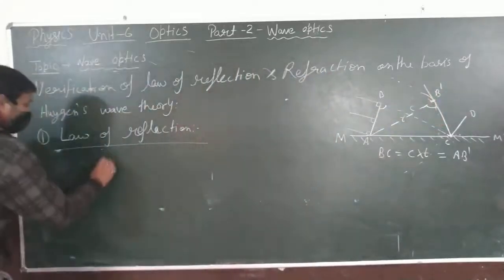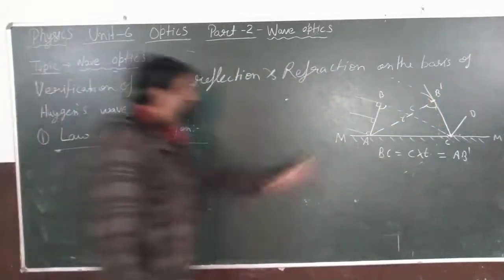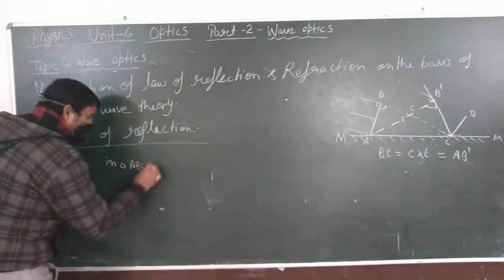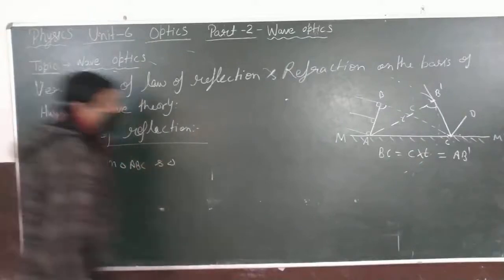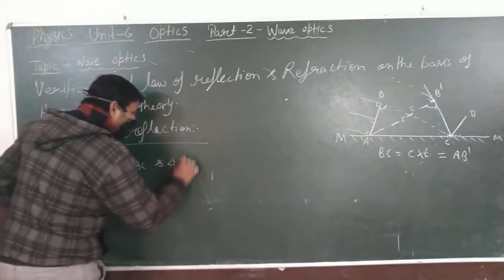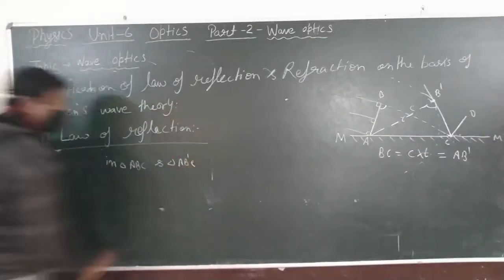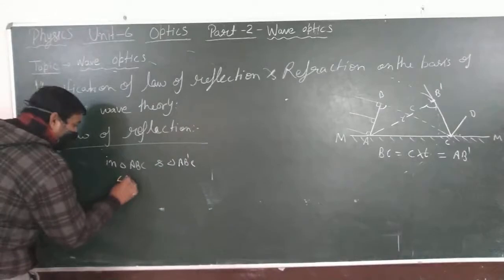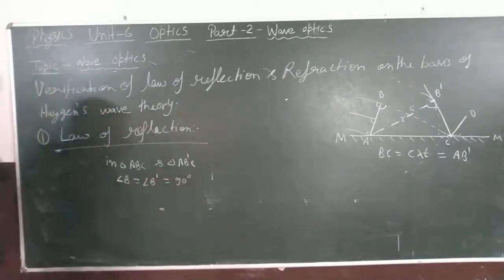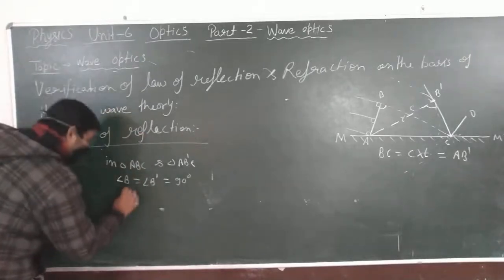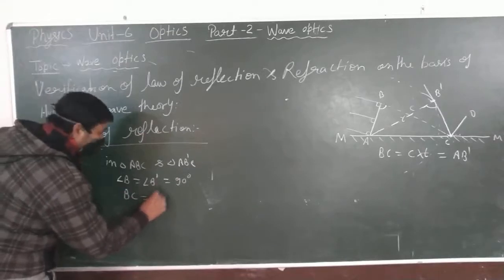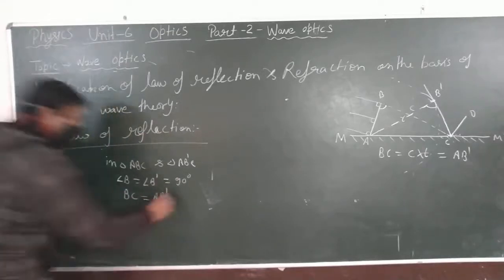Now in triangle ABC and triangle AB'C, we observe here angle B equals angle B dash equals 90 degrees. Second, BC equals AB dash by construction.